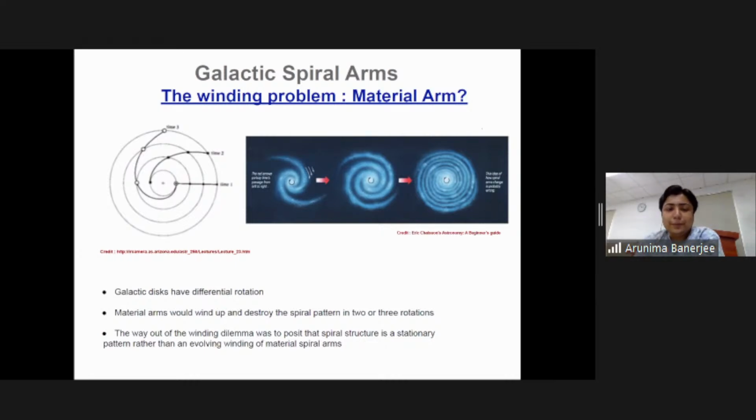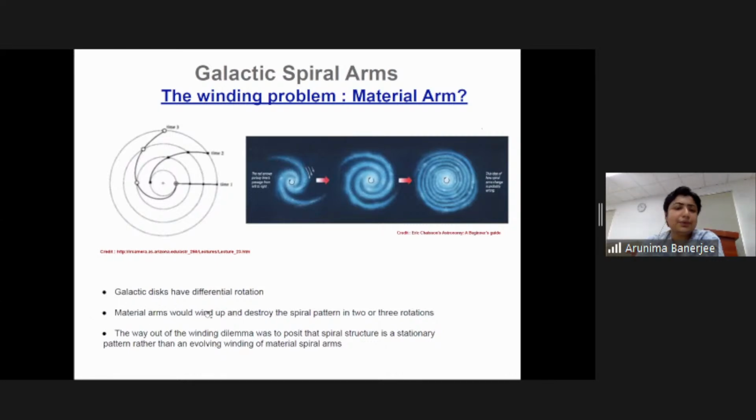Now, if we rule aside the transient spirals, which are also there, but they constitute a minority of the population of spiral galaxies. This is just for your information. I'm not asking you to forget about that, but they constitute a minority. I'll come back to that again.